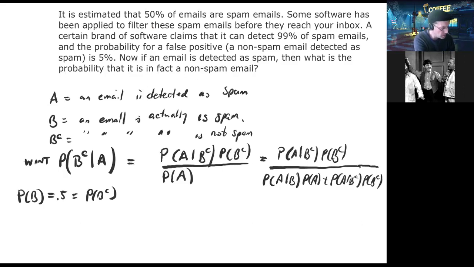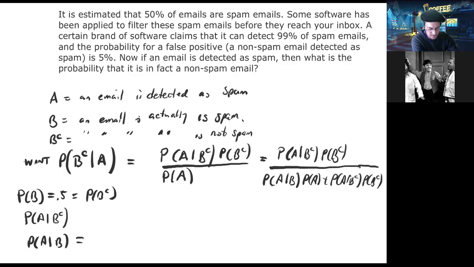We also know, what is the probability of A given B complement, and what is the probability of A given B? I claim we can calculate that. Let's start off with the probability of A given B. So that is the probability that if an email is actually spam, then it's detected by the program as spam.